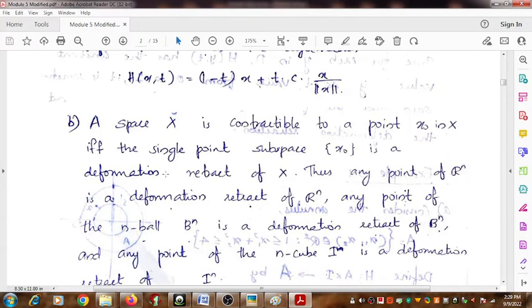In this discussion we are going to recall a concept that we have studied earlier, a contractible space and contraction. What is meant by a contractible space? When we say that a space X is contractible to a point x naught present in the same space, if and only if there exists a function that continuously shrinks that space to that single point x naught.